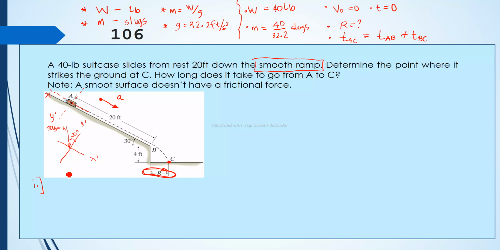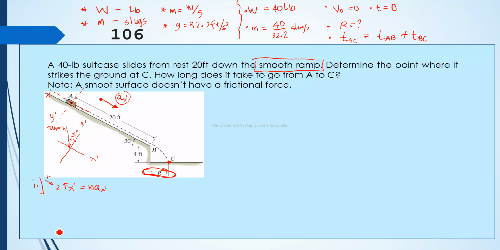So what are we going to do with this one? We were asked to find the time. What do we need to apply? We can sum forces along x prime is equal to the mass times acceleration along the x prime. Let's say the direction going down the incline is positive.